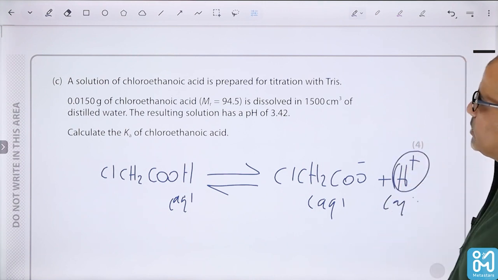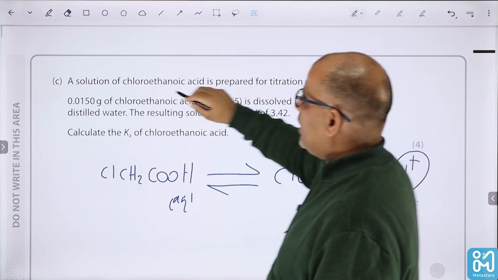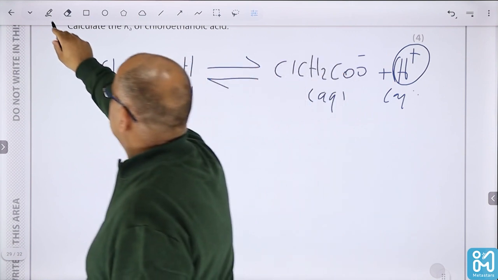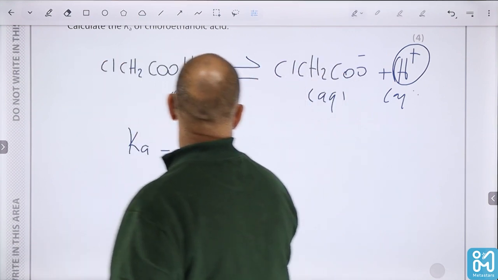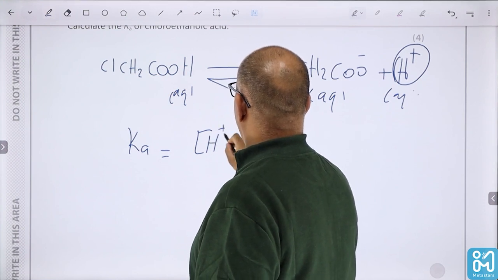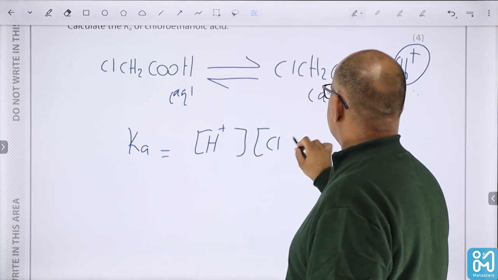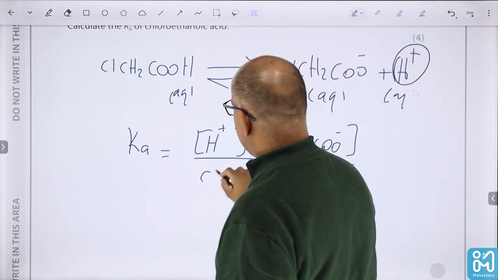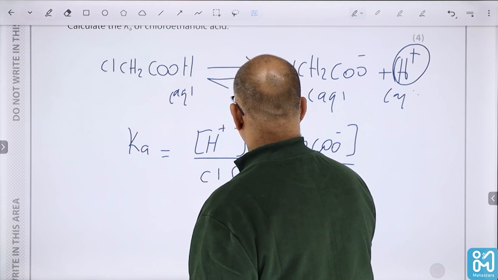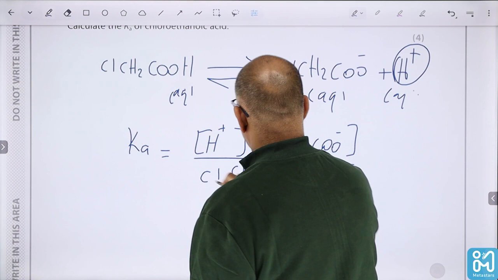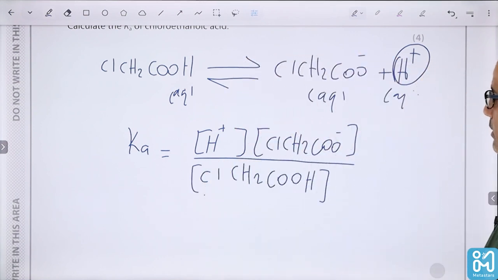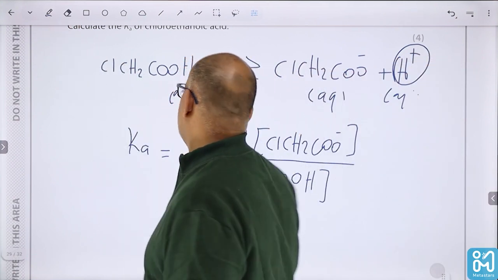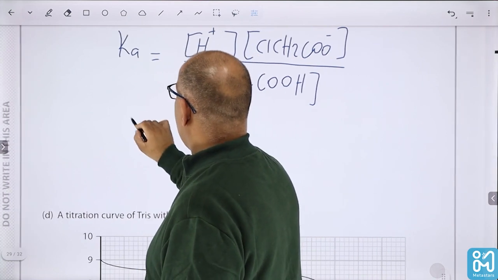Now, to find the expression for the Ka for this equilibrium, it equals the concentration of H plus times the concentration of ClCH2COO negative over the concentration of the acid. Okay, and we can find the concentration of hydrogen like that.